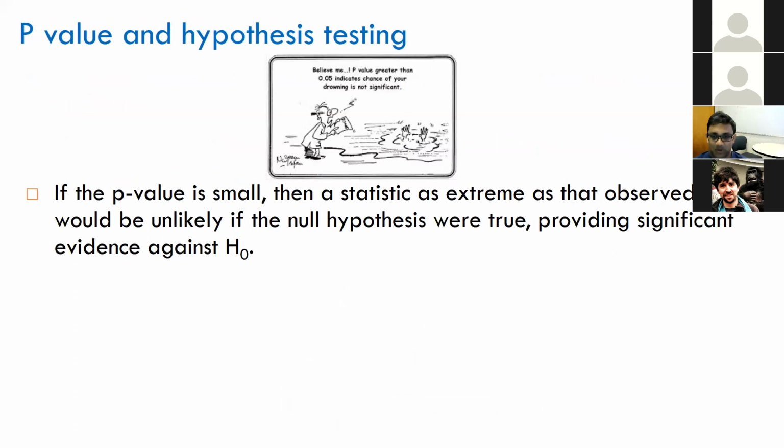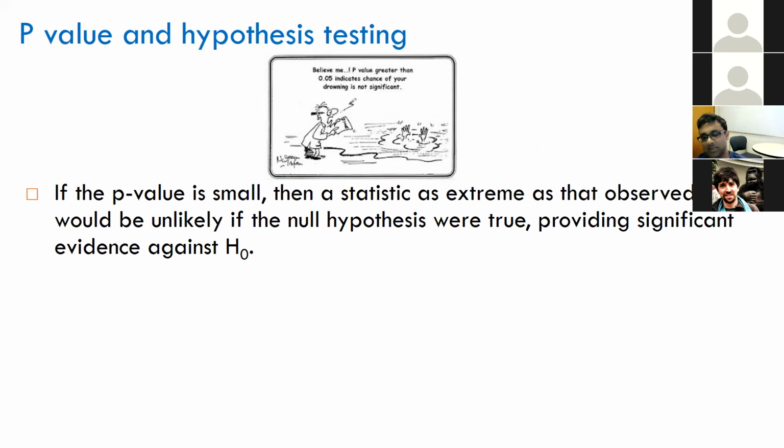So the p-value is small or larger, or extreme, and it depends on whether you go for the null or you go for the alternative. The statistical test gives you the p-value, and then you have the cutoff value, which is 0.05.